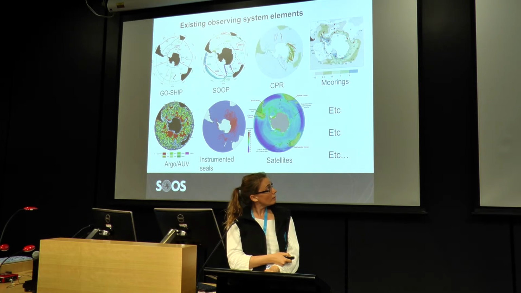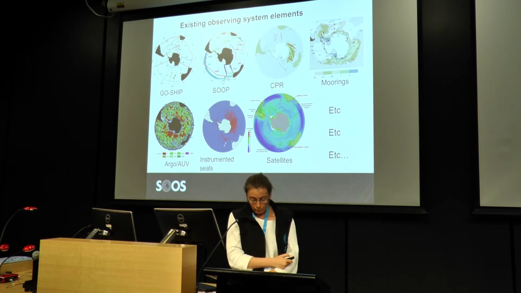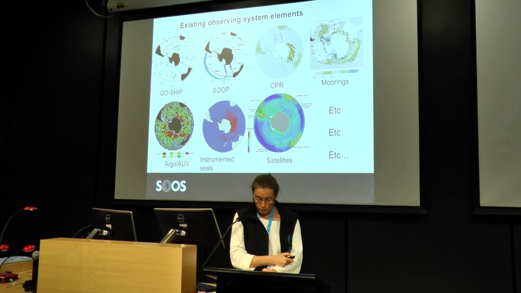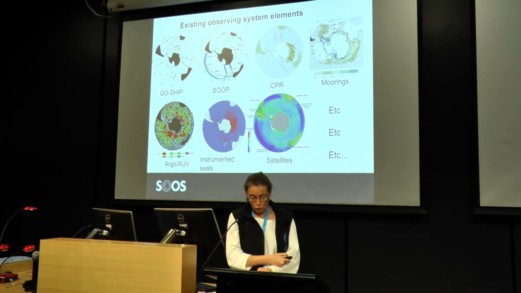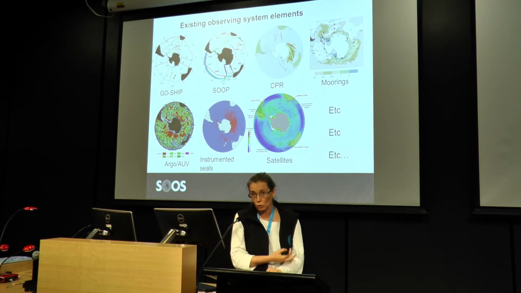The existing observing system elements include GO-SHIP, where you have regular ship transects. They were started by WOCE. They measure tracers, carbon, ocean physics. It's an international agreement. But with some exceptions, they are occupied only about once per decade.